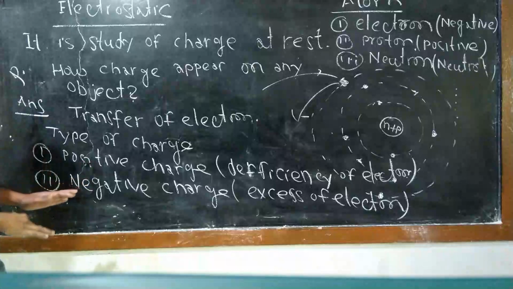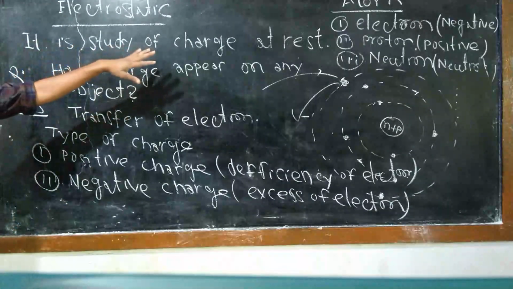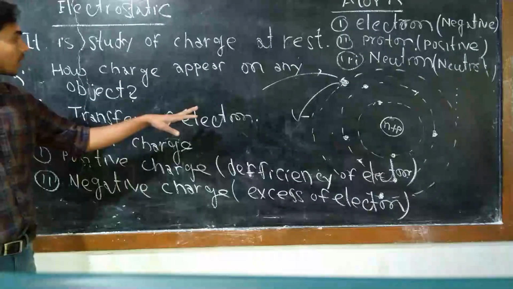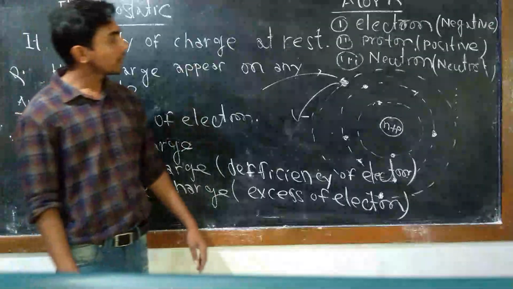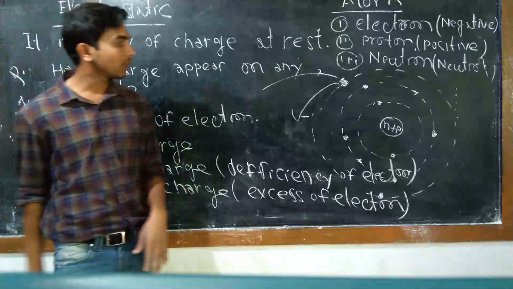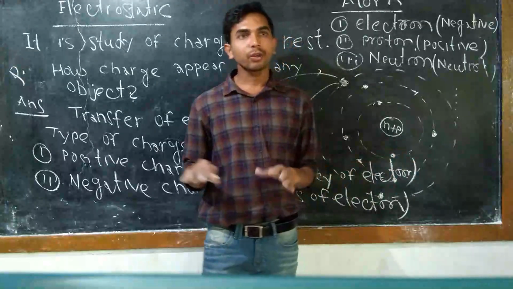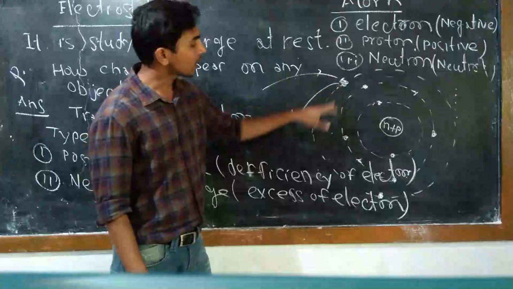So again, I am going through this for revision purposes. What is electrostatics? Electrostatics is basically a study of charge at rest. And charge appears on a body due to transfer of electron. Transfer of electron is only possible because proton is inside the nucleus, so it is not able to move. So which one is able to move? Only electron is able to move.